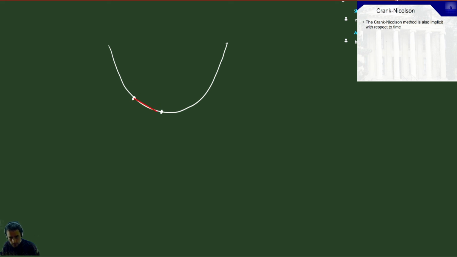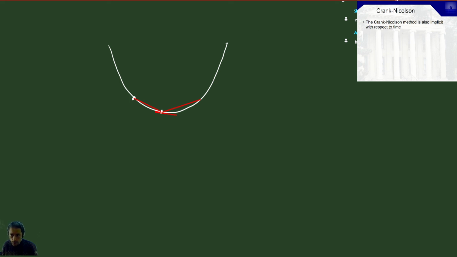Okay, so if we try to join these two with a straight line, right? That line does not really look like the slope that I can guess at this point, right? That looks like the slope at this point, but this line going backward definitely crosses it. Same thing if I take a point forward, it's not parallel to that.